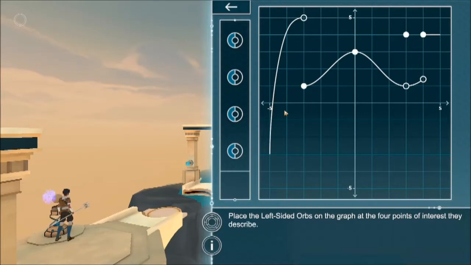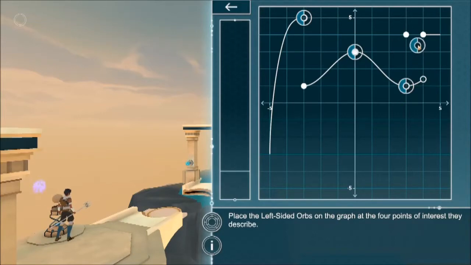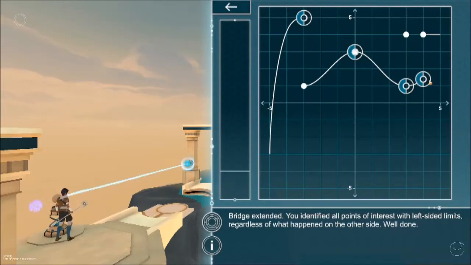And so now it's basically find every single point that has the graph coming in from the left. So here, there's something coming from the left. Here would be incorrect because there's nothing coming from the left, but here there is. Here there's something coming from the left, and here there is something coming from the left.